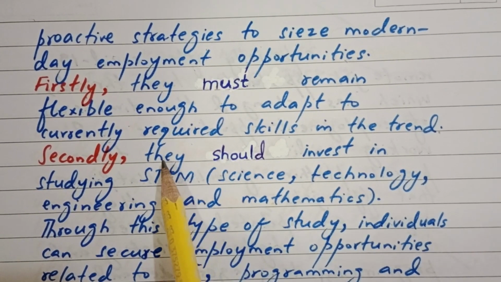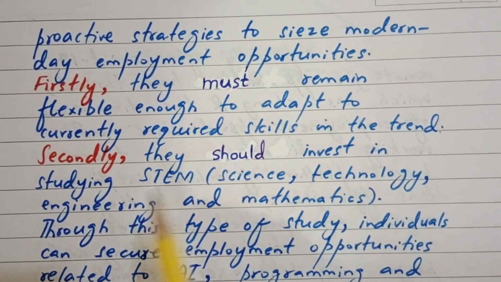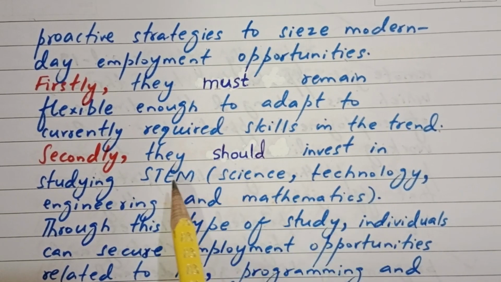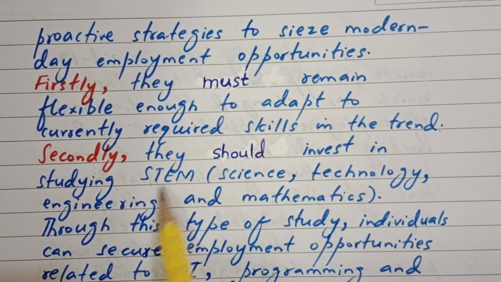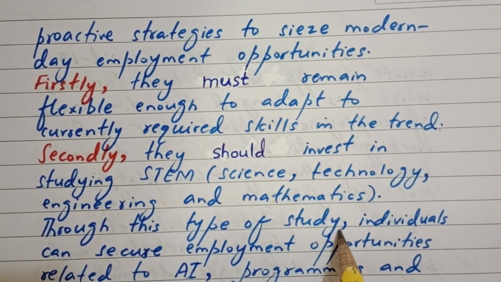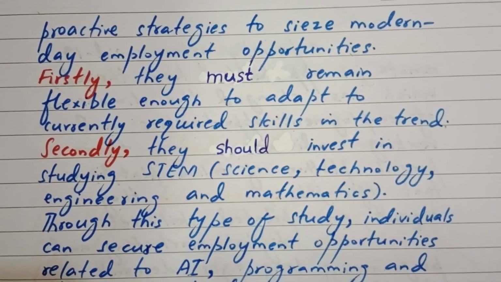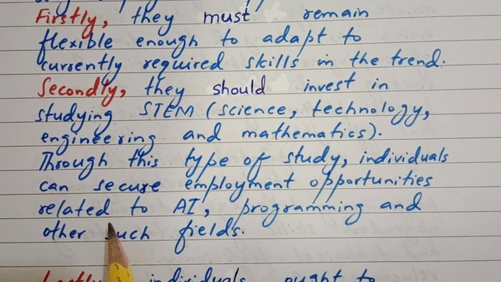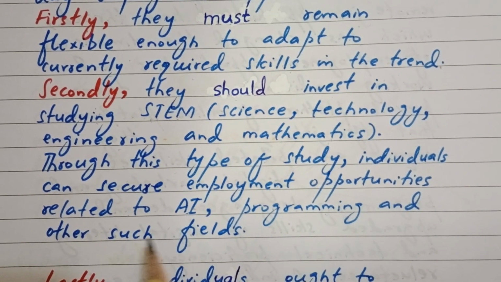Secondly, they should invest in studying STEM, meaning science, technology, engineering, and mathematics. Through this type of study, individuals can secure employment opportunities related to AI, programming, and other such fields.